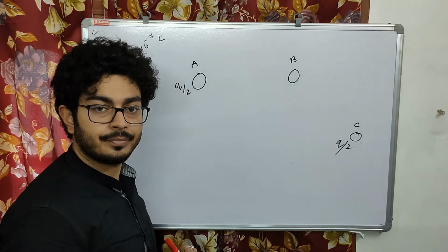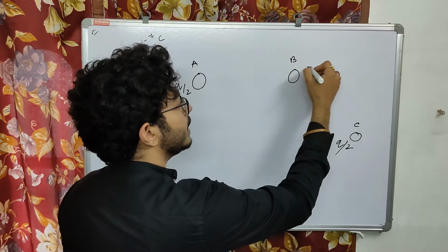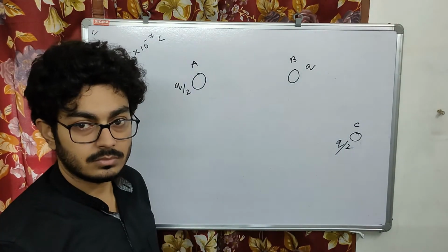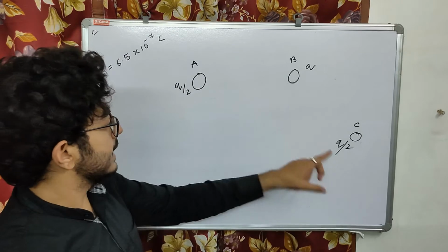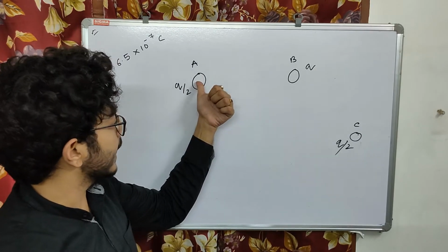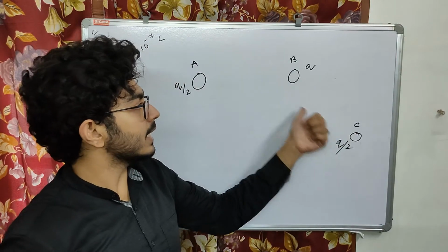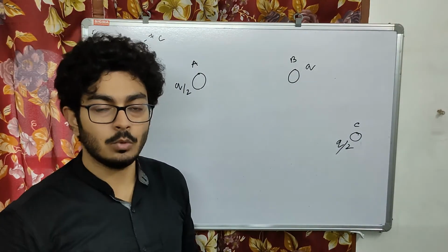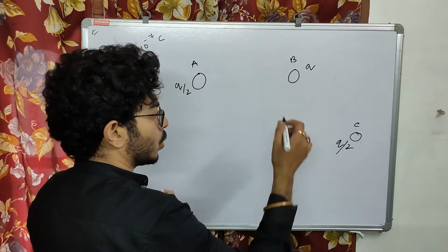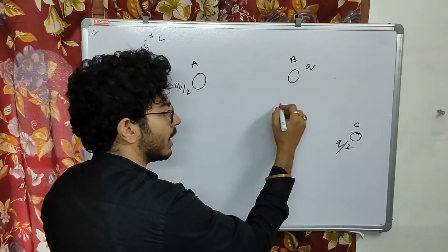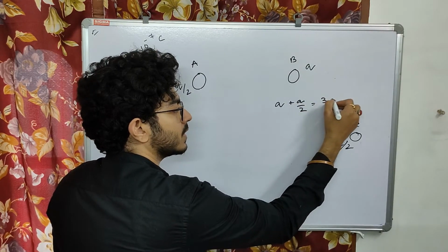This is clear? Okay. Now B was having Q charge previously. After C has touched A, it has gained Q by 2 charge. Now it is touched again with B. How much charge will get transferred between the two? The total charge between B and C now becomes Q plus Q by 2, so this becomes 3Q by 2.